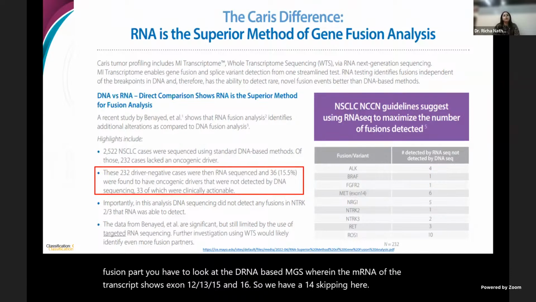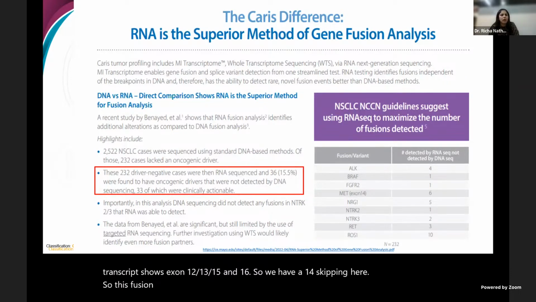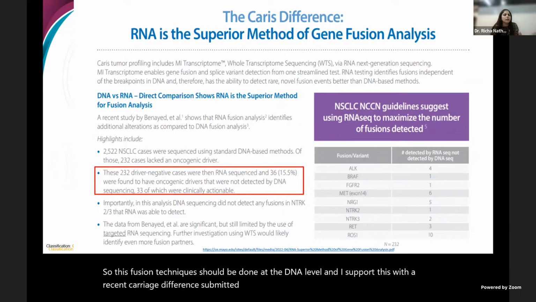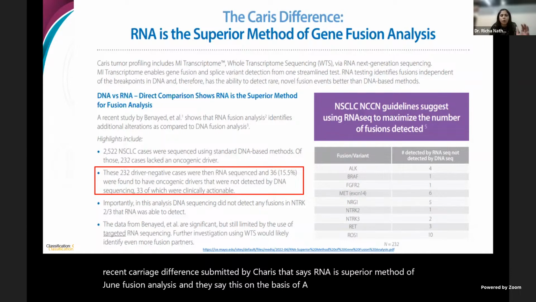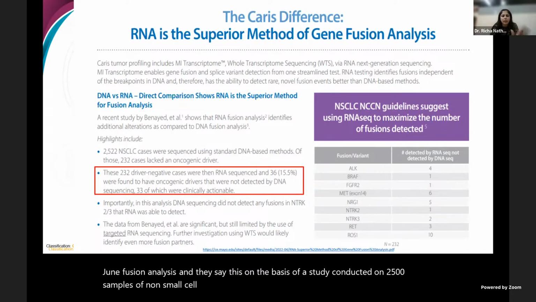So, fusion techniques should be done at the RNA level, and I support this with a recent abstract submitted by Caris that says RNA is a superior method of gene fusion analysis. They say this on the basis of a study conducted on 2,500 samples of non-small cell lung cancer using standard DNA-based testing, of which 232 lacked an oncogenic driver.